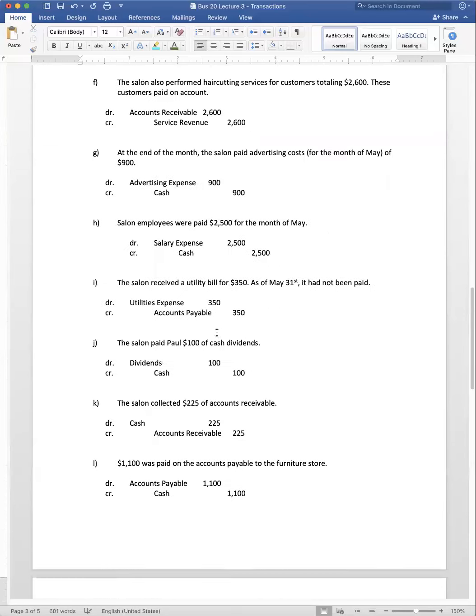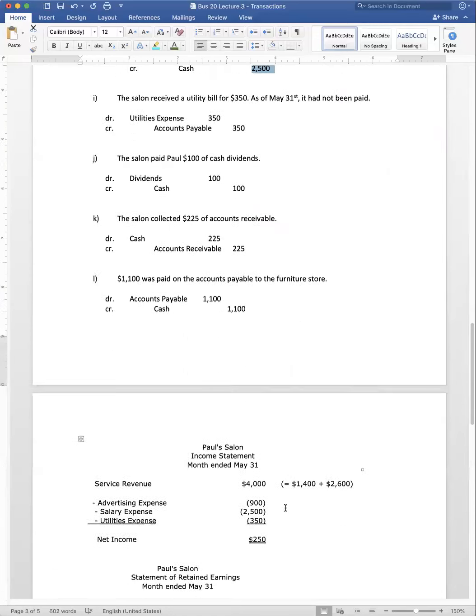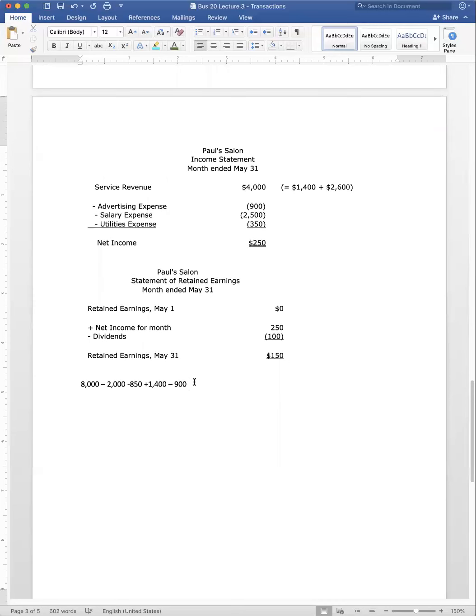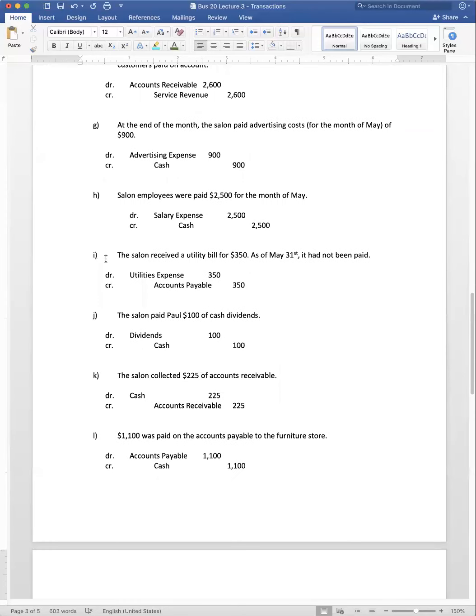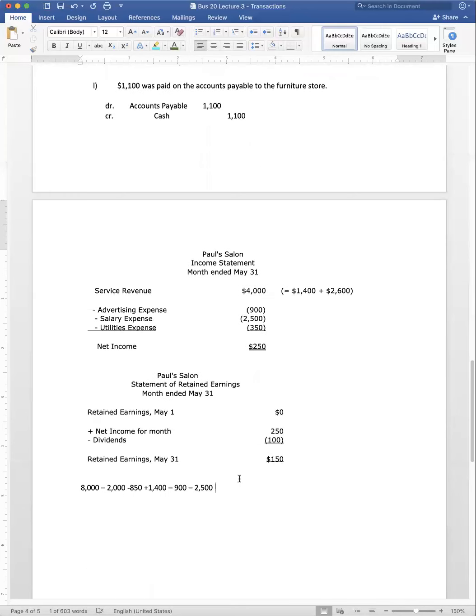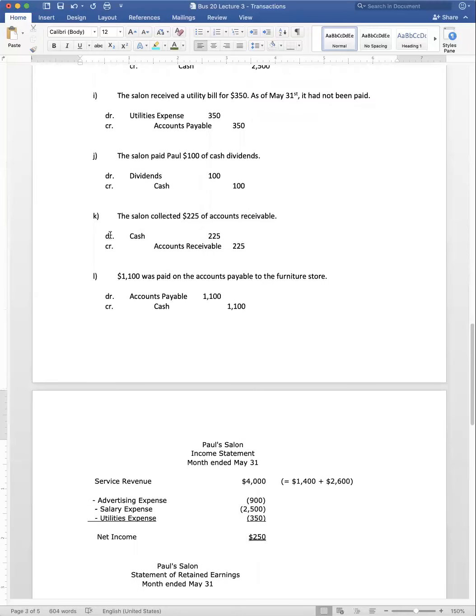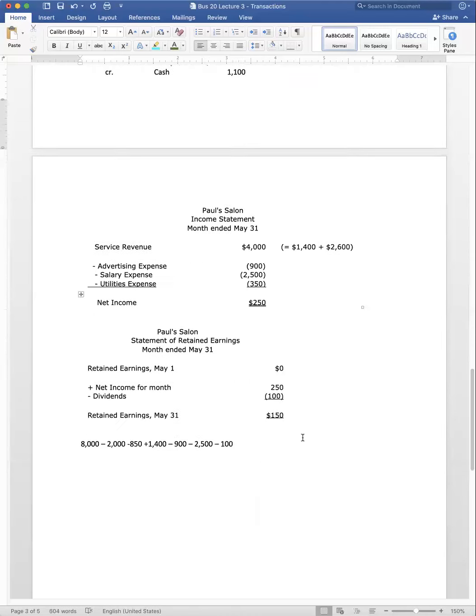All right, and let's see, in H, we spent $2,500 on salaries. So we have to subtract $2,500. All right, in I, no cash. In J, we paid $100 for dividends. So we're going to decrease cash by $100. In K, we collected $250 of cash. Customers paid us, so cash increased by $225.